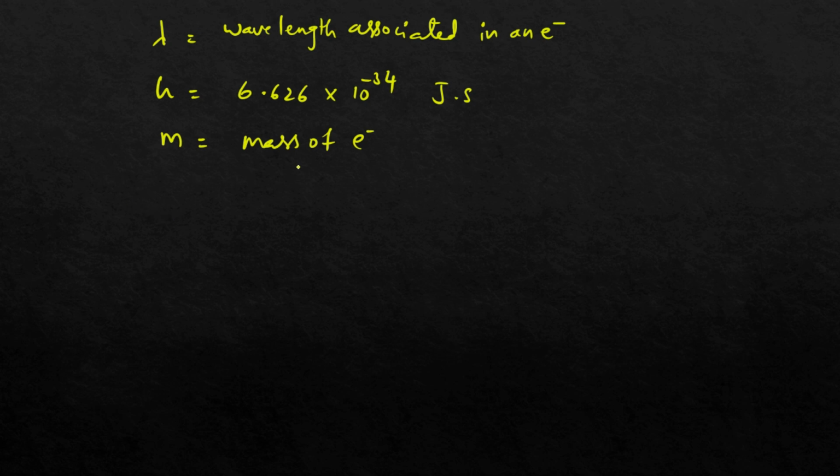We are calculating for the electron only, so I'm writing here mass of electron 9.1 into 10 power minus 31 kg, and v is the velocity of the electron.